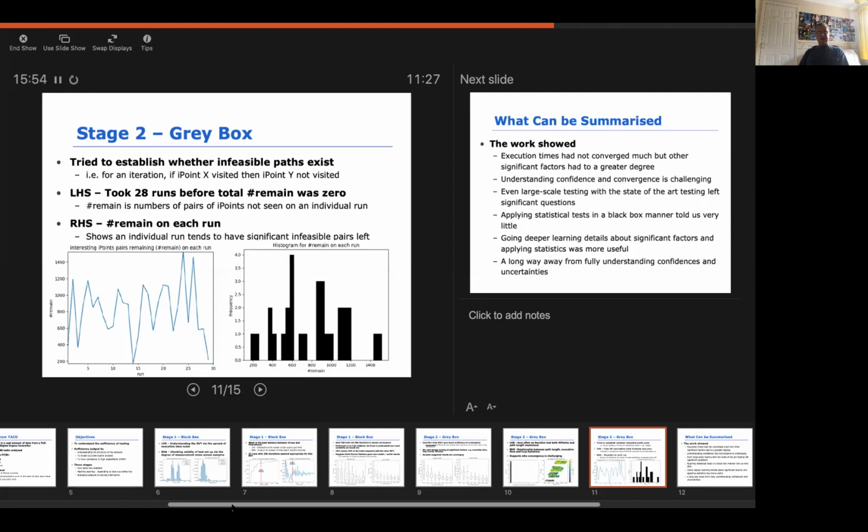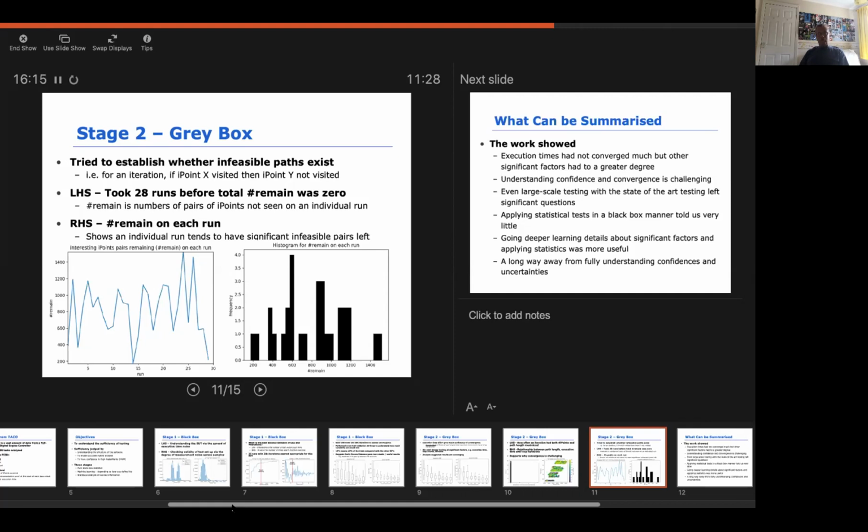What the whole analysis showed is that by run 28, there were no I-point pairs that remained. So basically an I-point pair that's never visited on the same iteration could be infeasible. It doesn't mean it is infeasible because testing is never conclusive, but it could be infeasible.